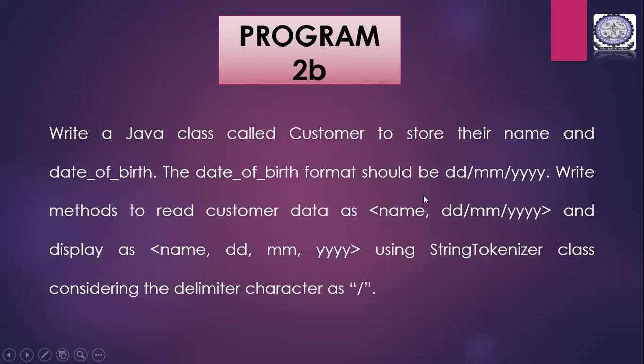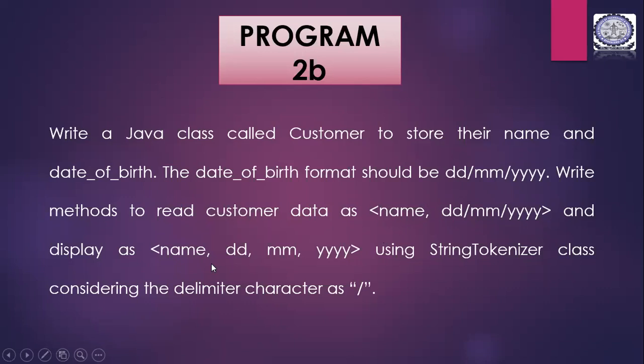Okay. So this is nothing but the lesser than and greater than symbols. So you should have a method which reads the customer data in this particular format, and it should also display the data in this format.